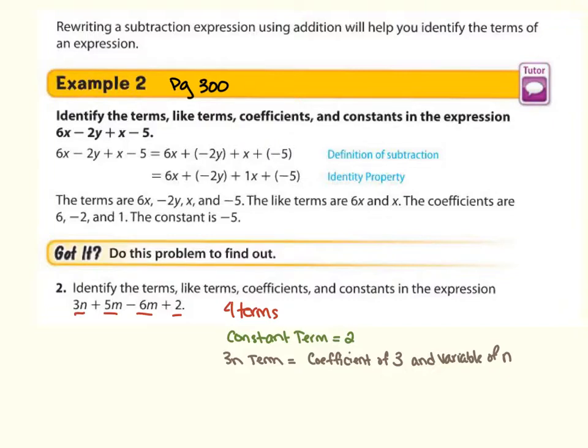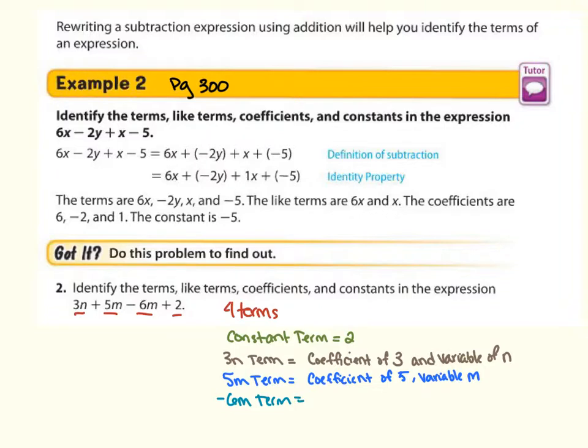Then we have the 5m term. So we've got the coefficient of 5, variable m. And then, of course, the last term, we've got negative 6m.